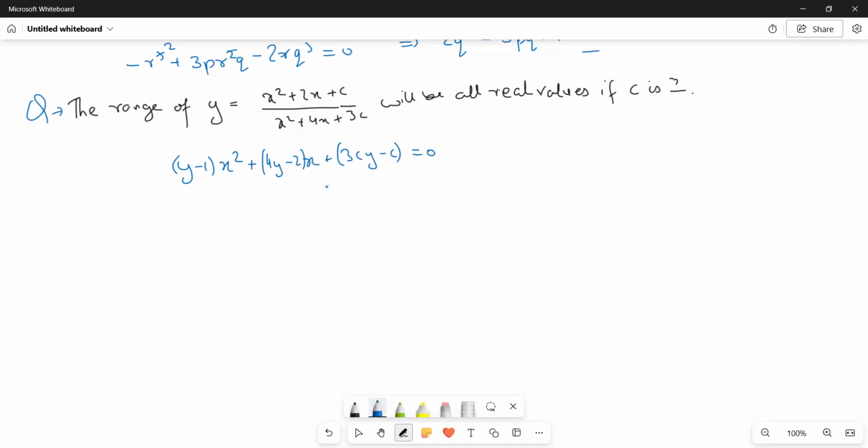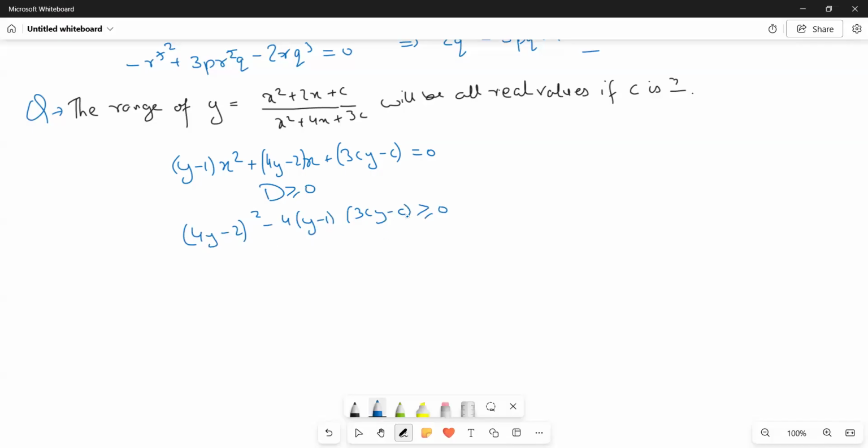Now we want that y from here, but this quadratic, to have real roots. So यहाँ पे d greater than equal to 0 लग गया. So that will be 4y minus 2 whole square minus 4 times y minus 1 into 3cy minus c is greater than equal to 0.